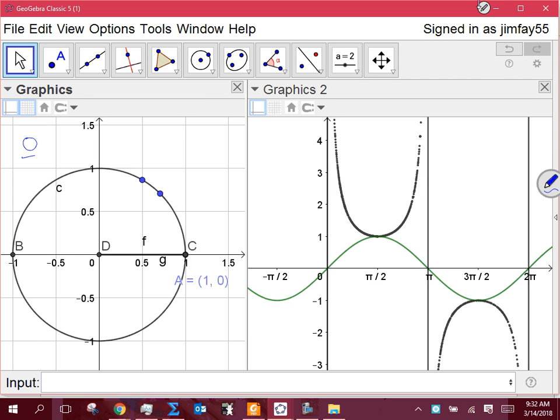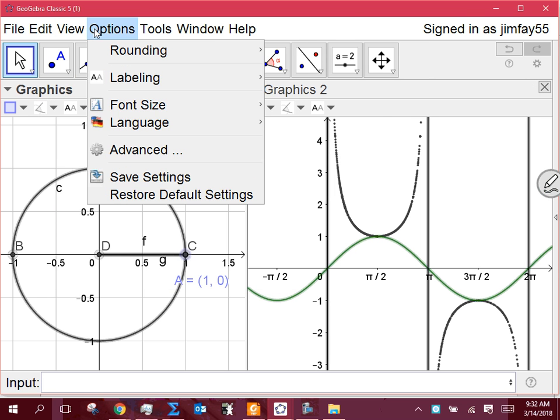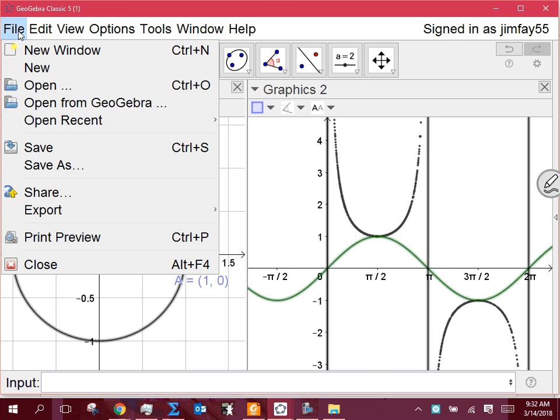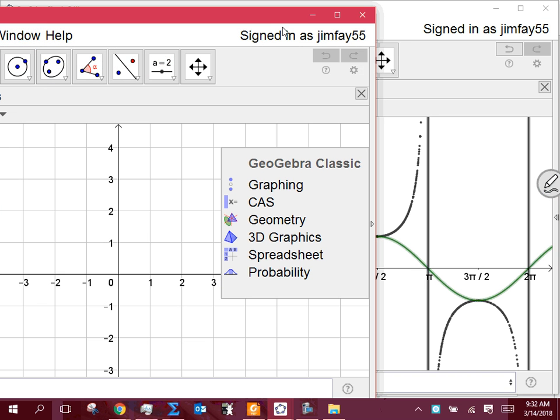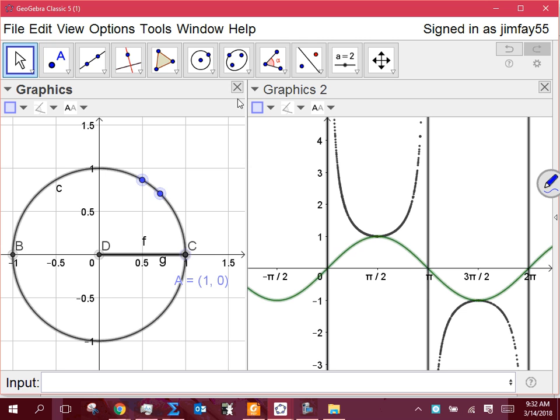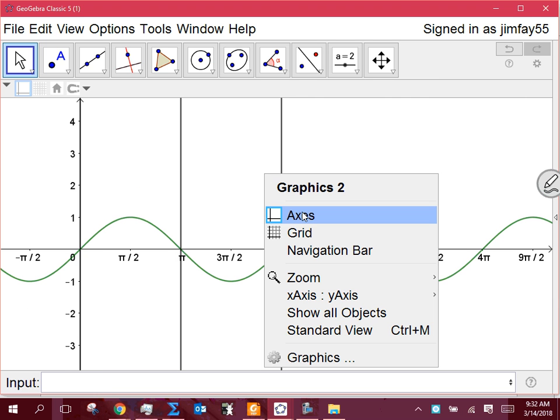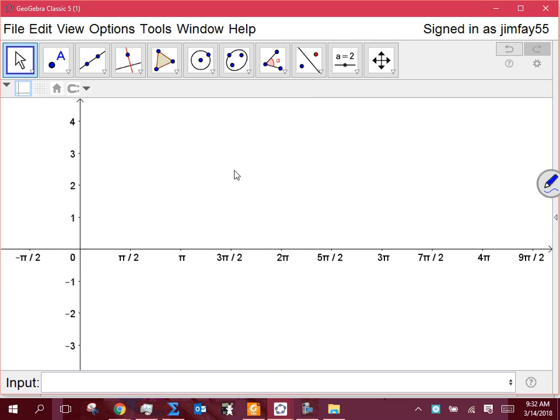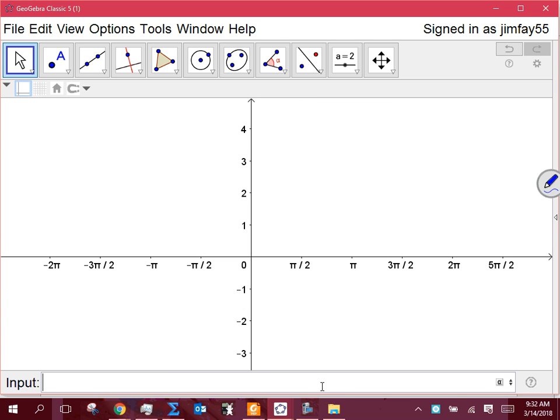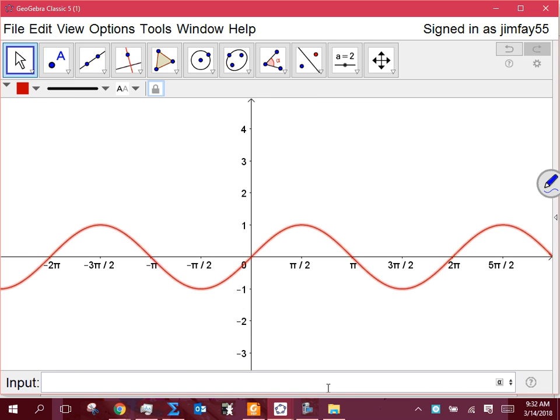So those are some things to think about if you get stuck tomorrow, if you can't remember how to develop those parent functions. Let's talk about, if we think about the sine function, it's that graph right there, correct?